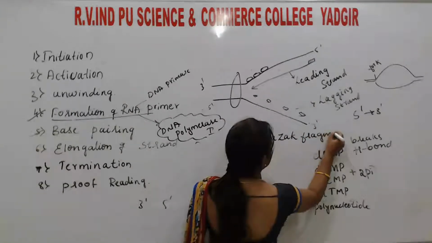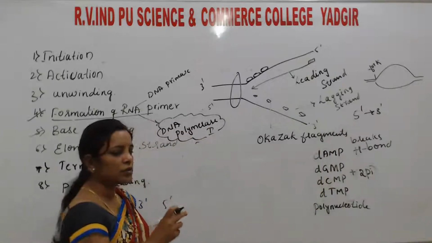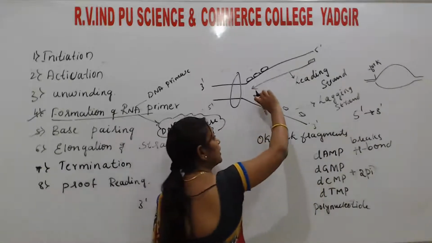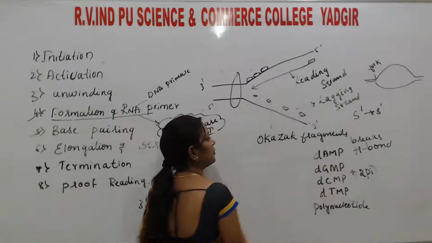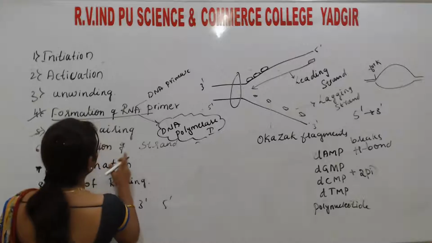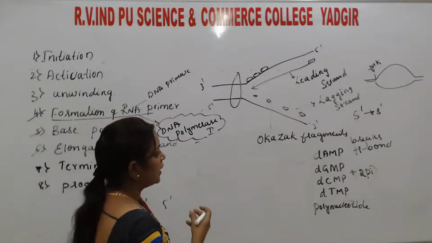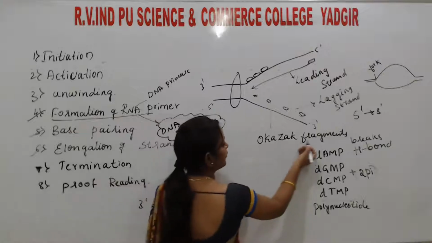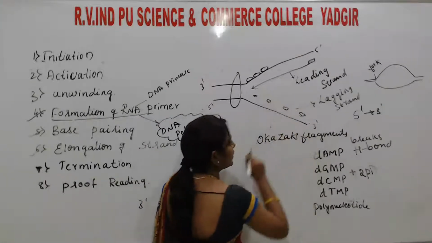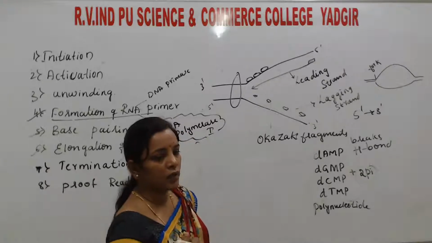What are Okazaki fragments? They are the DNA pieces formed that are not continuous. Elongation of the Okazaki fragments takes place, and they have to form a continuous strand now.